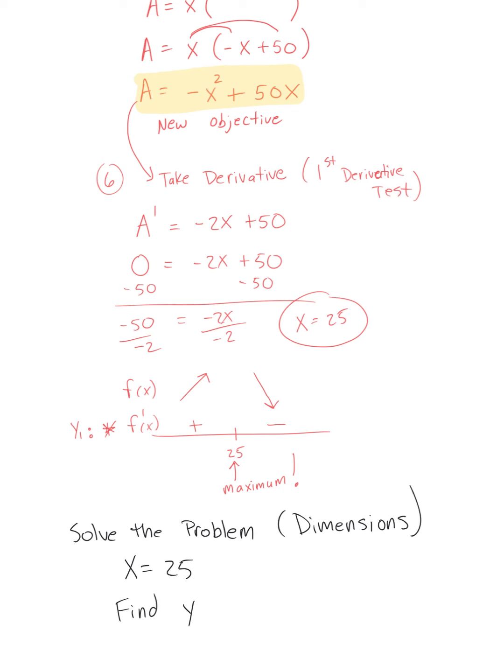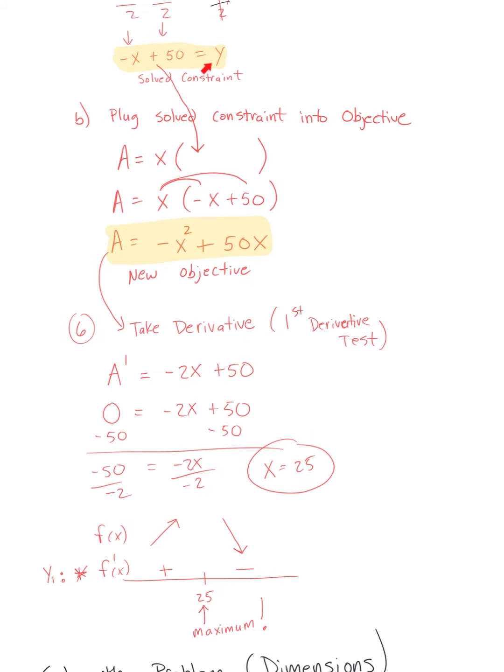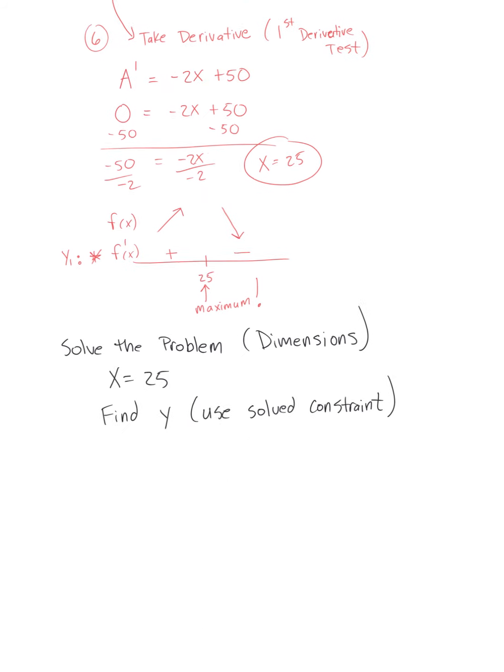To find y, we already have an equation that's solved for y. We are going to use our solved constraint. So let's go back up and get a solved constraint, and that's why we label things as we go. Hey, right here, isn't this already solved for y? I can plug in my x right here and find y. So let's do that.